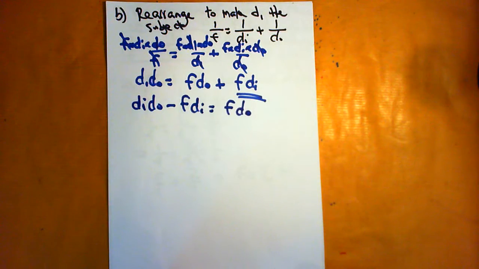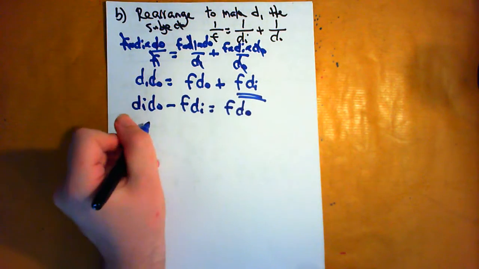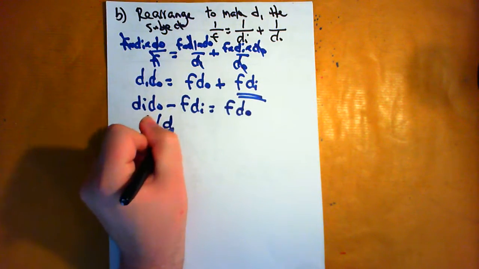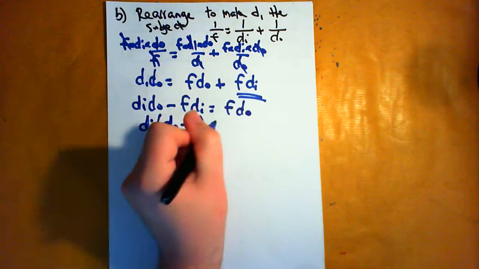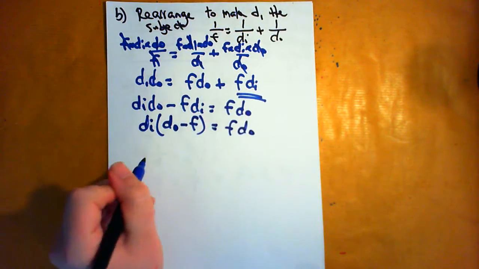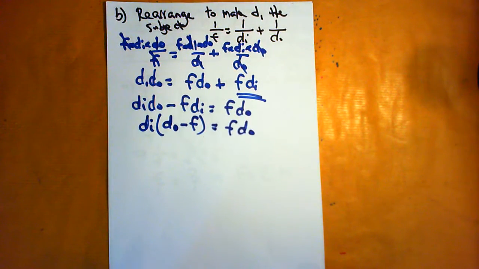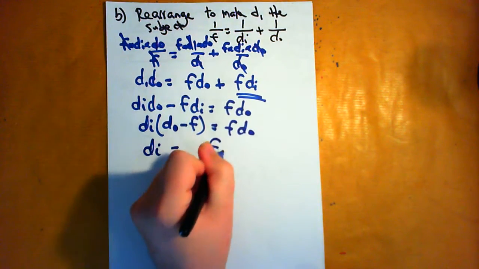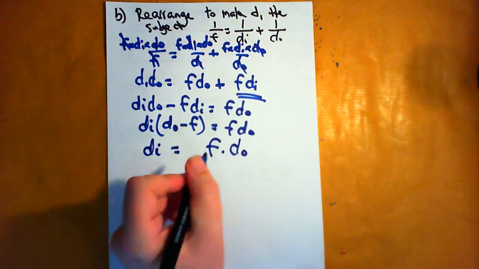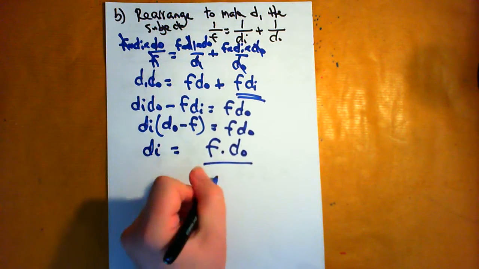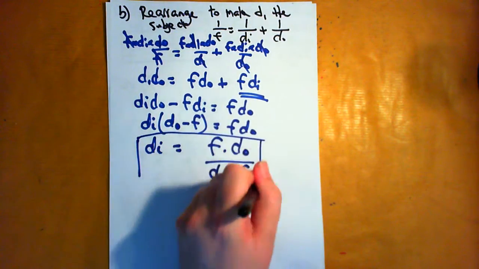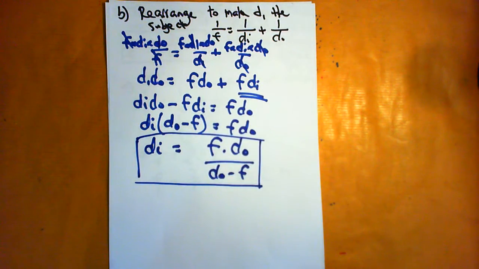On that left hand side we've got a common factor of di, so we can take that out as a common factor. So we've got di times (do minus f) equals f do. So that left hand side is di times something. We can divide by that something. Di equals f times do divided by do minus f, and that is your equation with di as the subject.